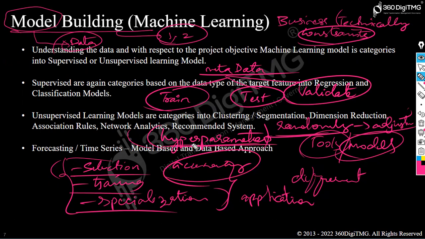Hence, the model with the hyperparameters needs to be executable in such a way that the model is optimized or it is meeting the objective. Hence, the model performance on different random parameters, that is hyperparameters, also helps in validating, testing, and training the model.